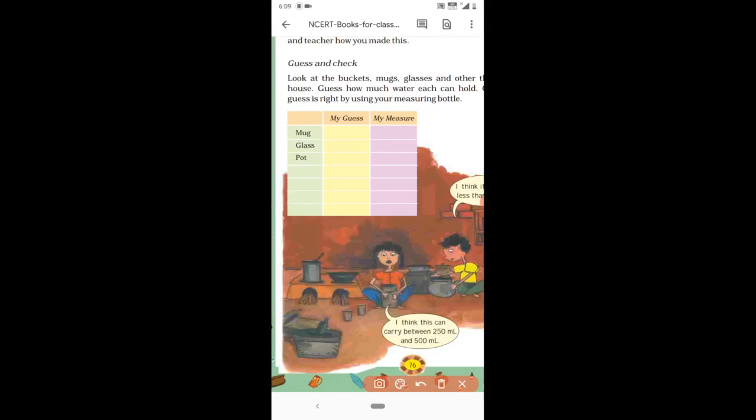Like this you will do for mug, glass, pot, bucket, water jug, and even other vessels in the kitchen, to find the measure of the vessel.